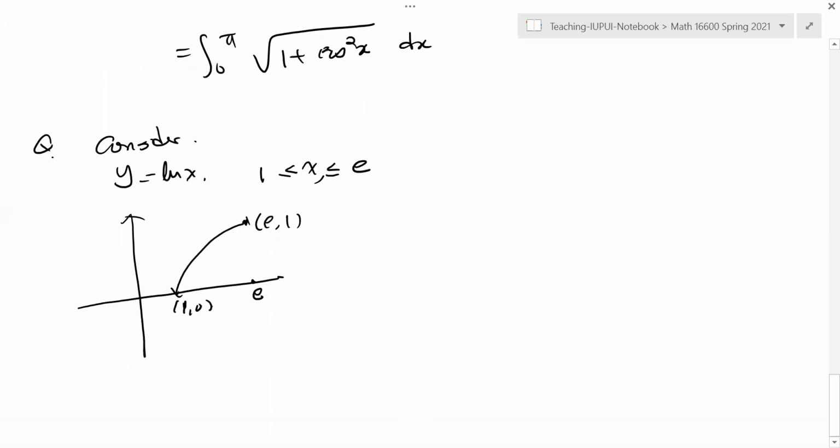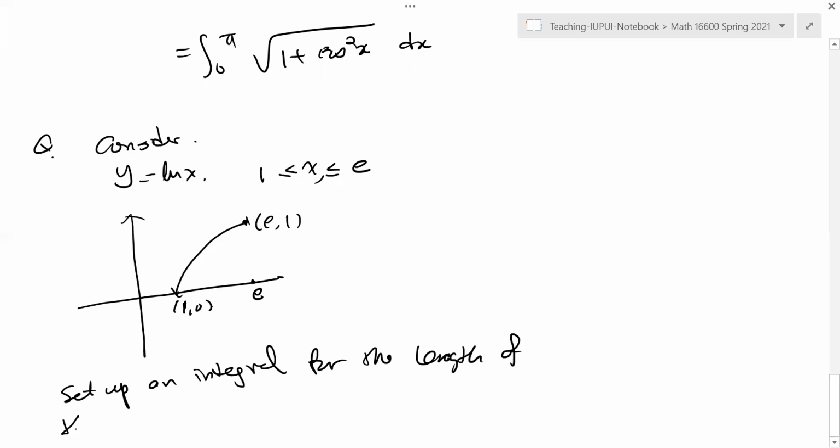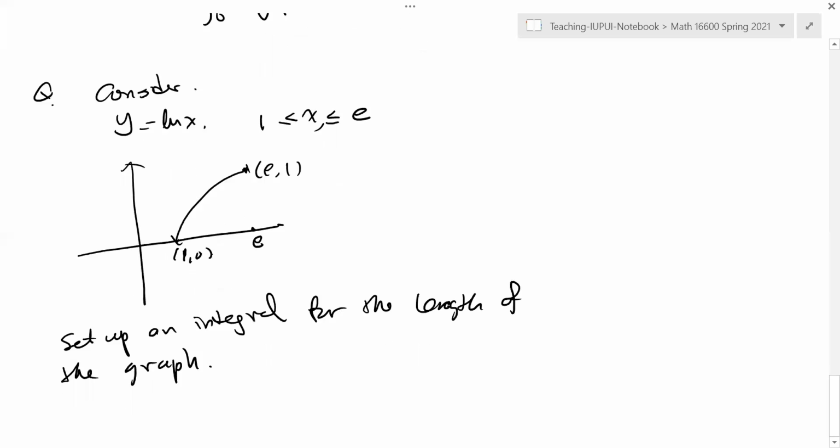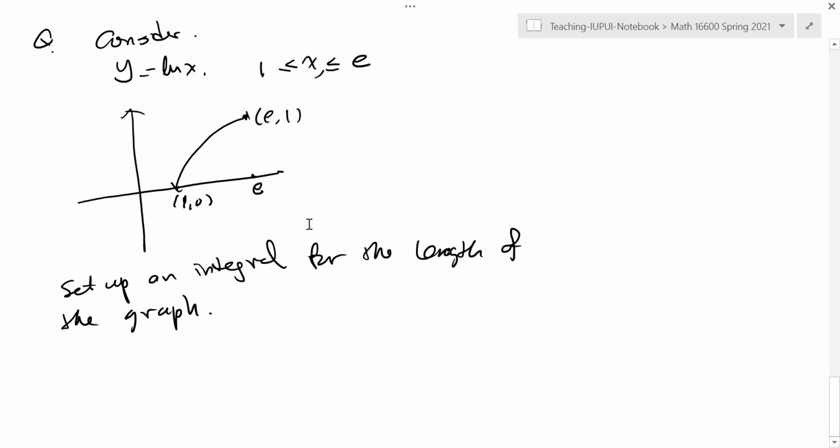Set up an integral for the length of the curve of the graph. There are a couple of ways to do it, because this curve is an increasing curve, so it can be viewed as y equals natural log x, and equivalently x equals e to the y.